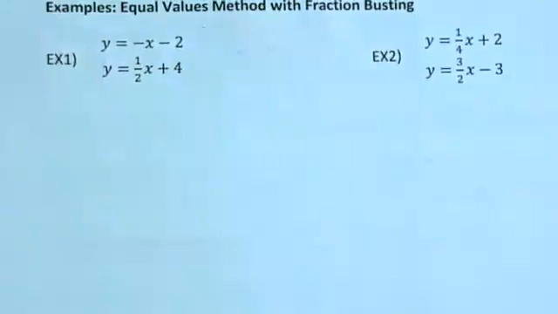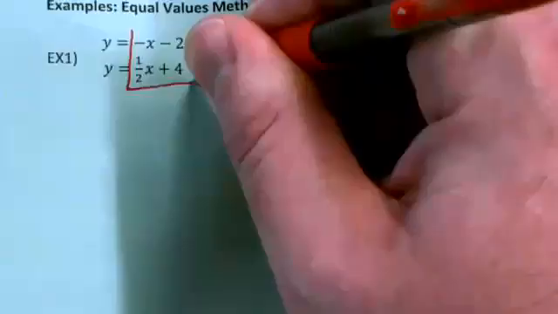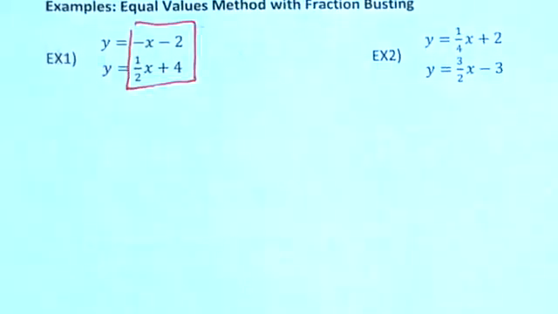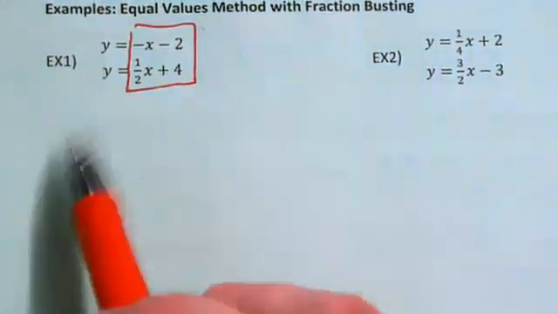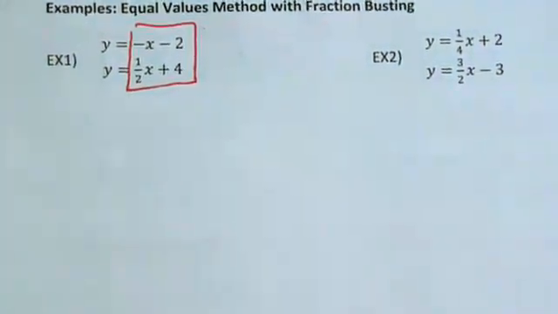All right, let me show you how this works then, folks. Example 1 here. We're going to start the same way we started before. We're going to create an equation out of those two smaller equations. Can you guys show me what you know and put those two things together? Do that equal value step for me, please.